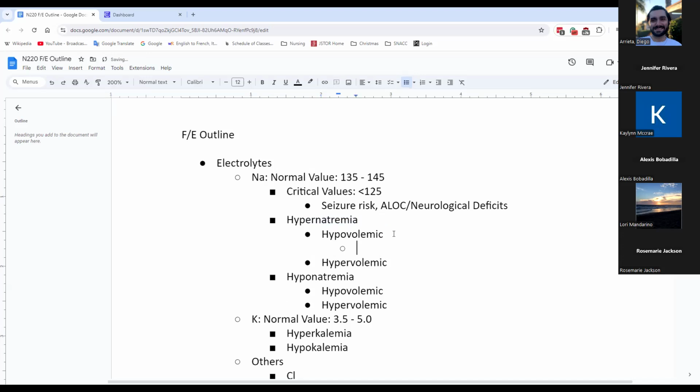It's kind of like a combination when you think about it. The hypovolemic also talks about fluids, which can include the decreased blood pressure because you have the hypovolemia. So a lot of the time you're going to be thinking about the signs and symptoms of dehydration with hypovolemic, alongside some of the hypernatremic ones.